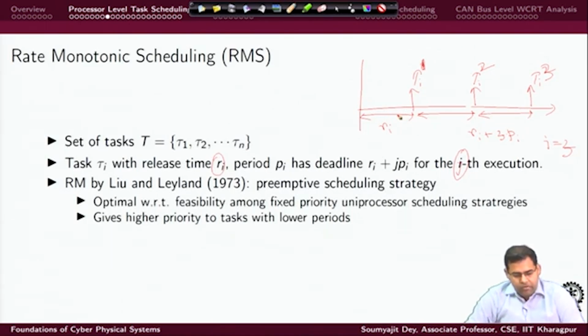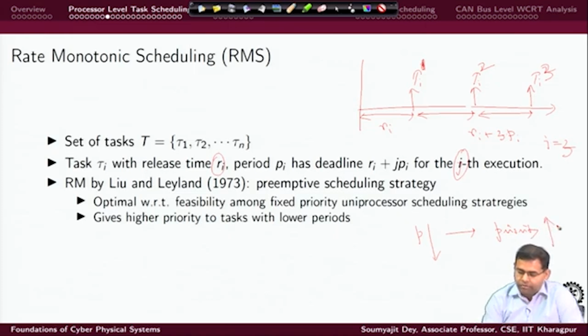Okay. Now, the way this algorithm is going to choose among task instances of the different tasks and give them to the CPU, like we have discussed, is based on priority, and the priority is computed based on the rate of the task. So, if a task has a lower period value, it has a higher priority value.